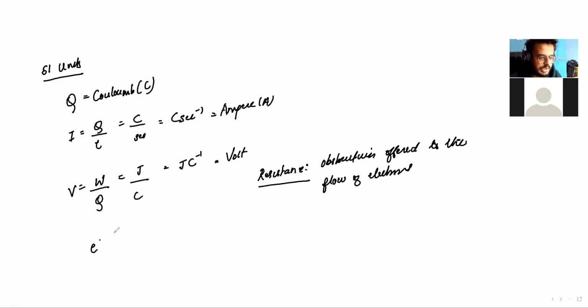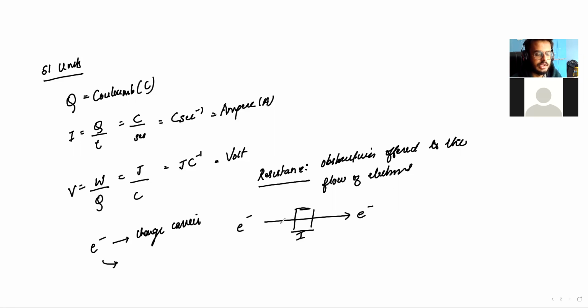Electrons are the charge carriers, and they are responsible for bringing out current in a system. If an electron flows from one end to the other, it will result in the formation of current. So resistance is basically you obstructing the flow of electrons.